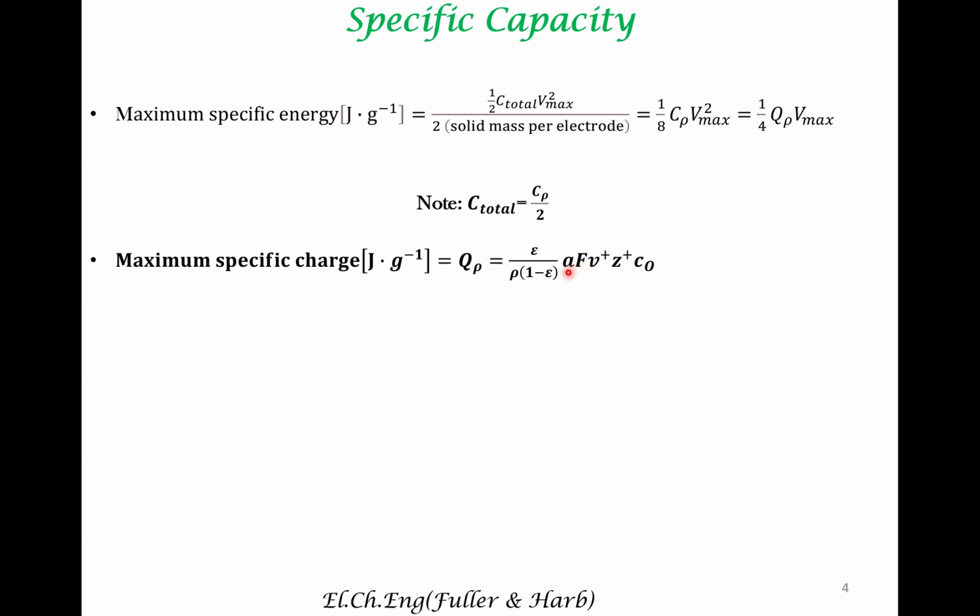This again is the area per unit volume. So this would give you the amount of counter ions that is available to you, divided by the mass of the solid particles times 1 by epsilon, right?